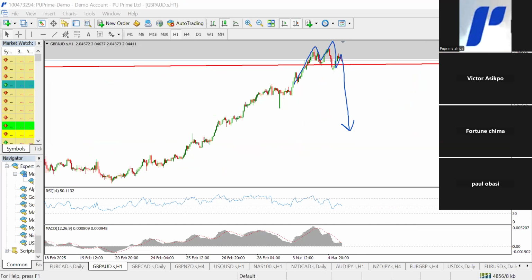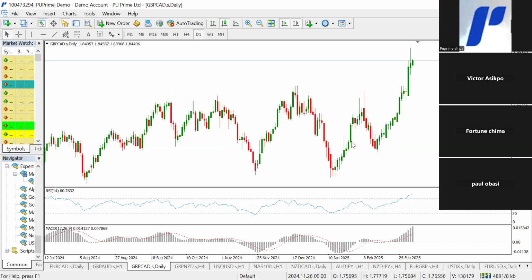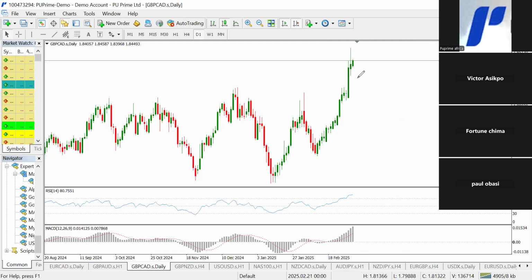And a similar structure is also seen on the GBP CAD. For the GBP CAD also, you can see clearly it closed as a rejection candle yesterday.